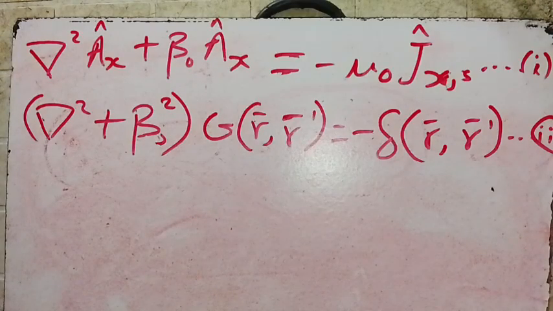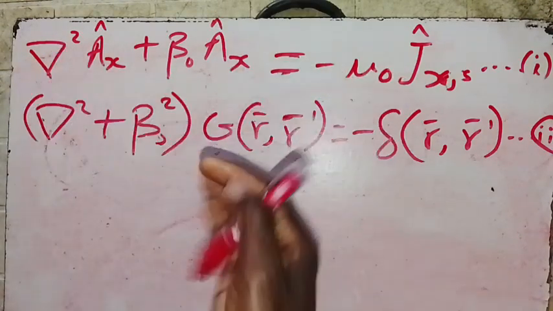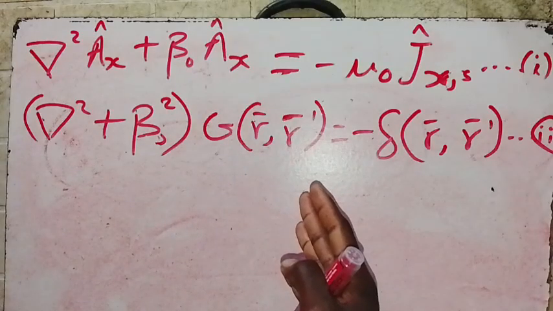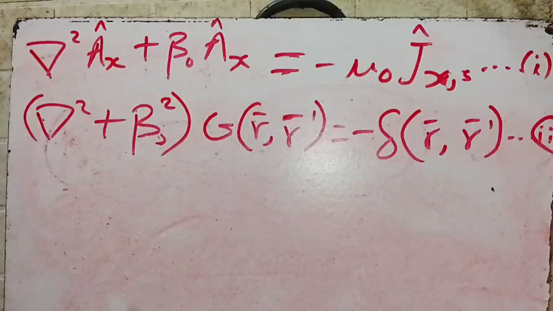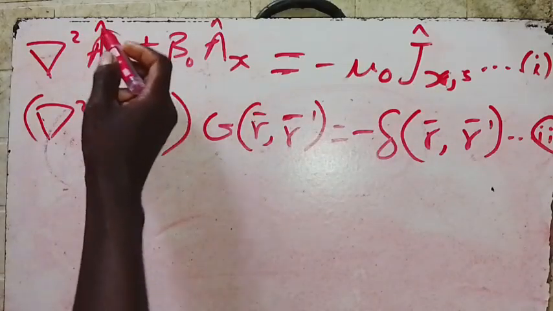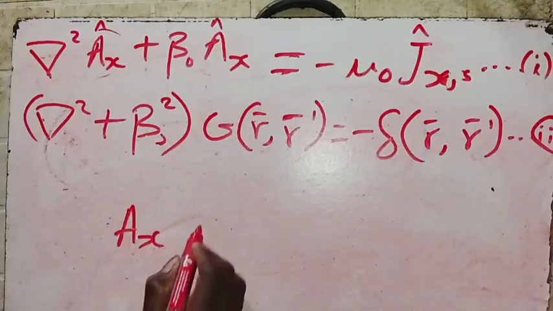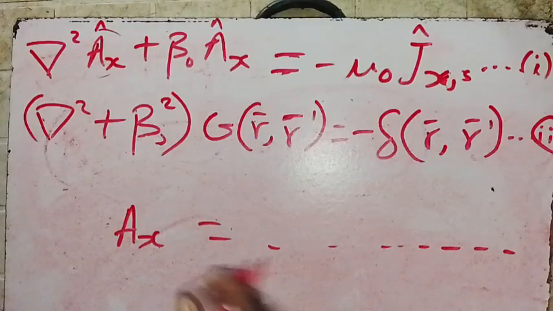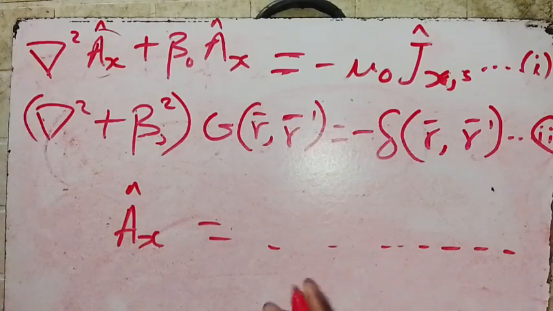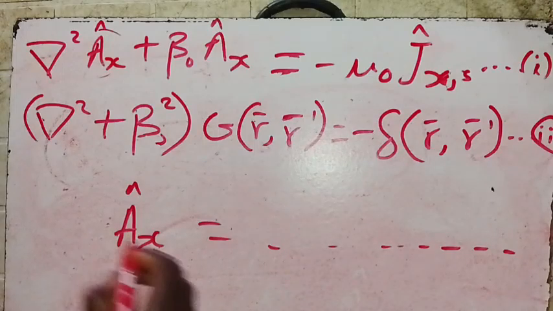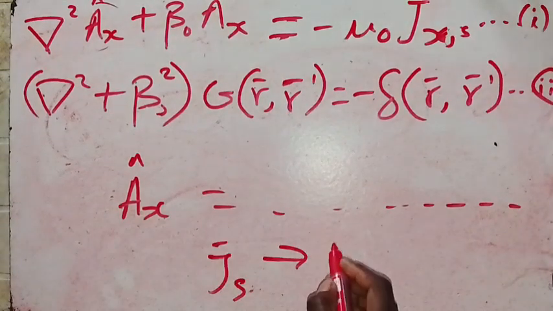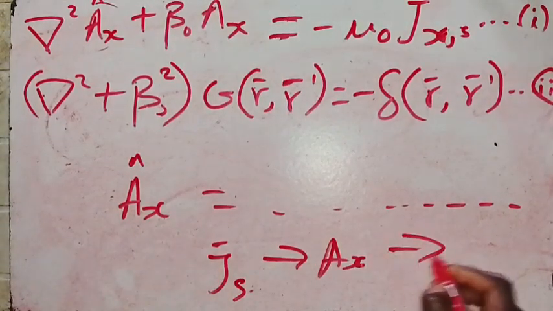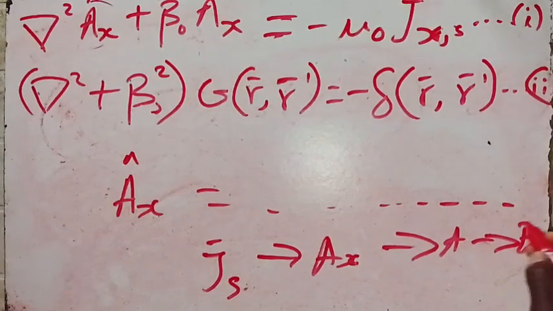Now, please ensure you watch the last video before watching this one. Okay, so what we are trying to achieve here is this: we are trying to bring this particular guy out to have it as this equal to something, something, something. Do we understand? Remember in the last video I said, by the time we know the source current, then we can know this one, and then this, and then the electric and magnetic field.